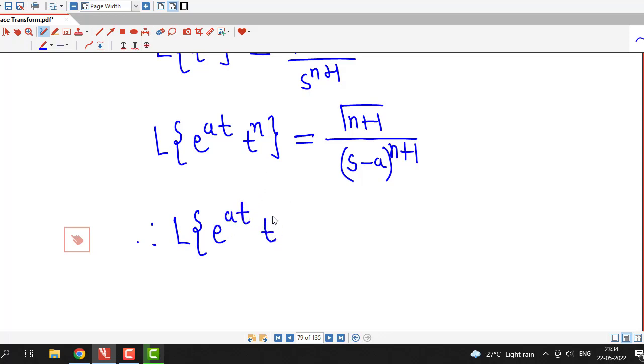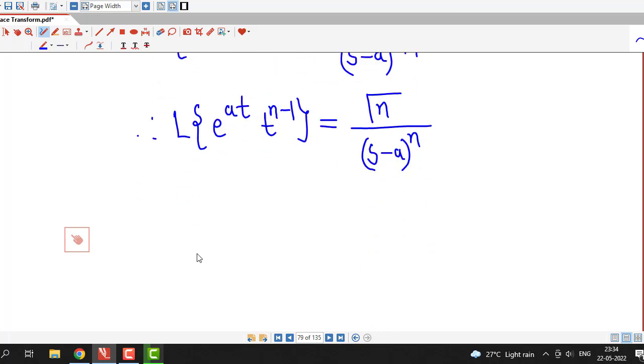If we replace n by n minus 1, we can rewrite this formula as Laplace transform of e raised to at t raised to n minus 1 equal to gamma of n minus 1 plus 1, that is gamma n, divided by s minus a raised to n.